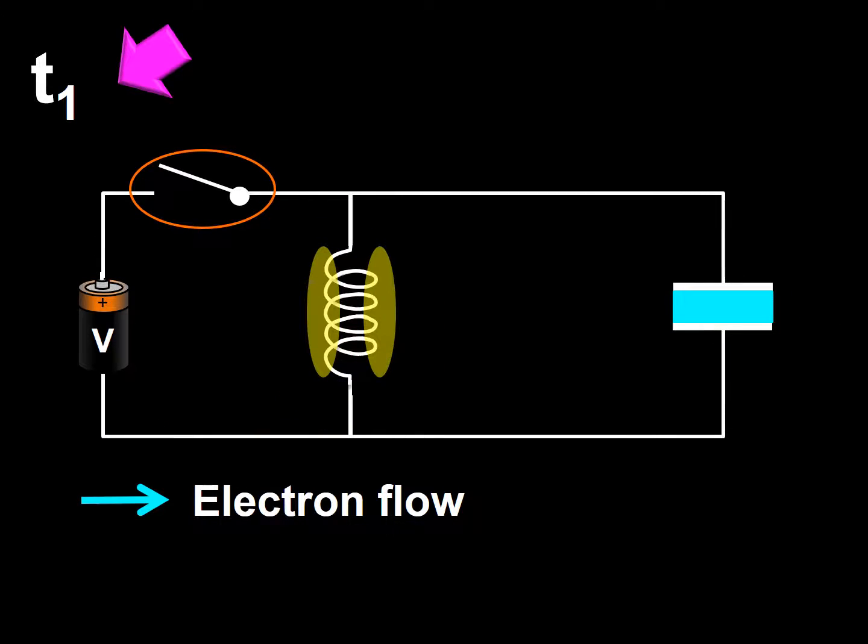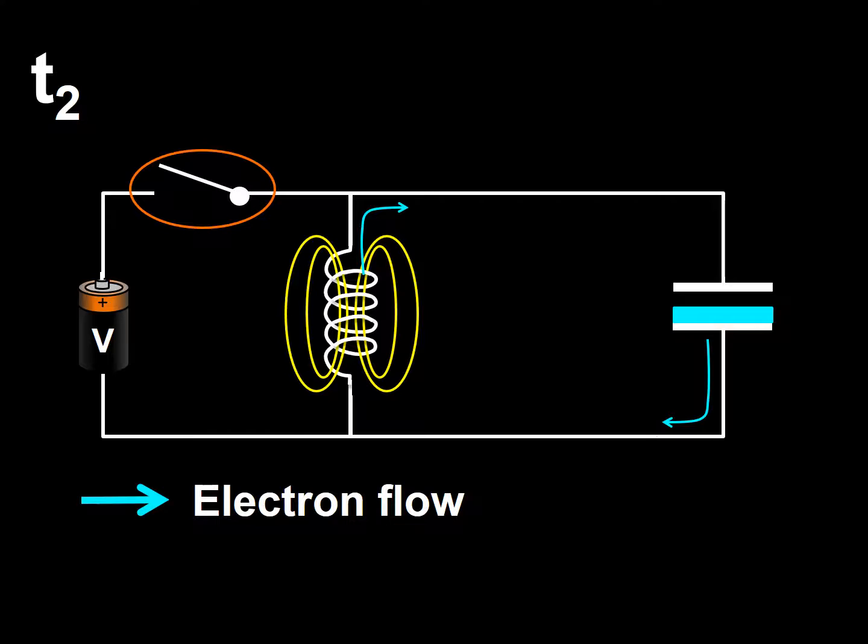If the circuit is then open, a moment that I have labeled time 1, two things will happen shortly after. The capacitor will begin to discharge, and the voltage stored in the inductor will maintain the flow of current beyond the time the circuit was shut.